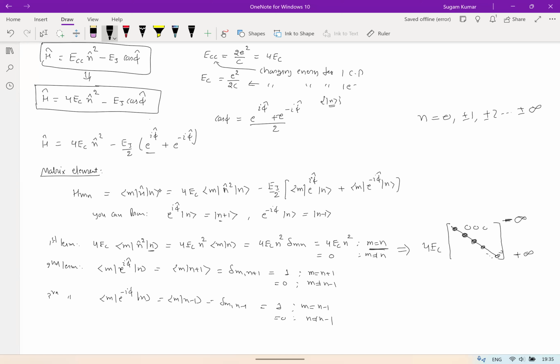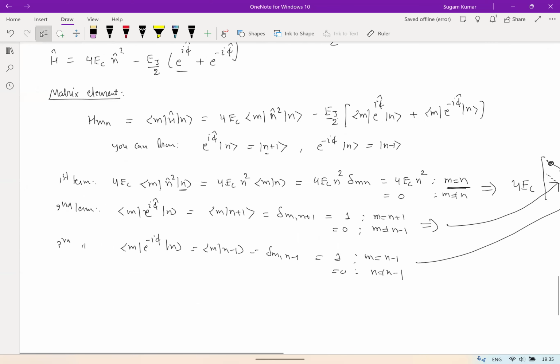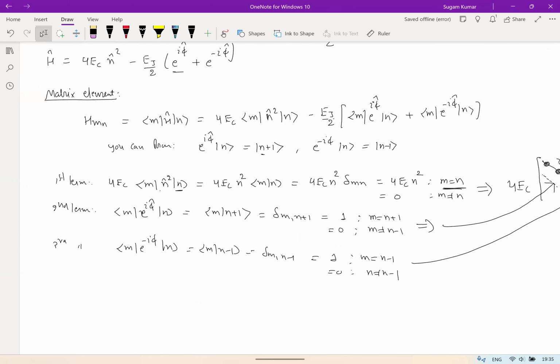In this case, just one below the diagonal element will be non-zero, and in this case, one above the diagonal will be non-zero. So you try to figure it out yourself. I'm not going to write down these matrices here. Better we focus on the calculation part.